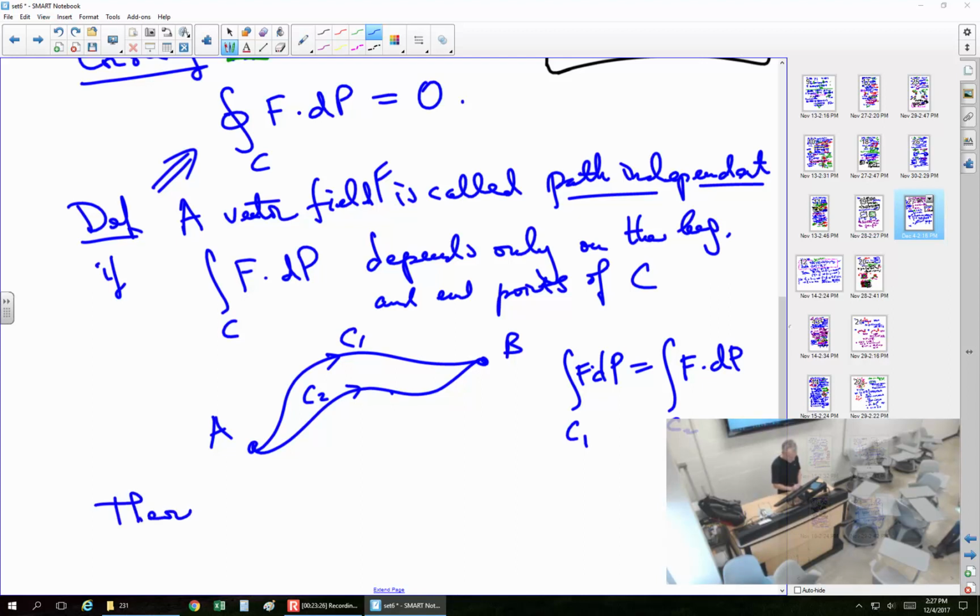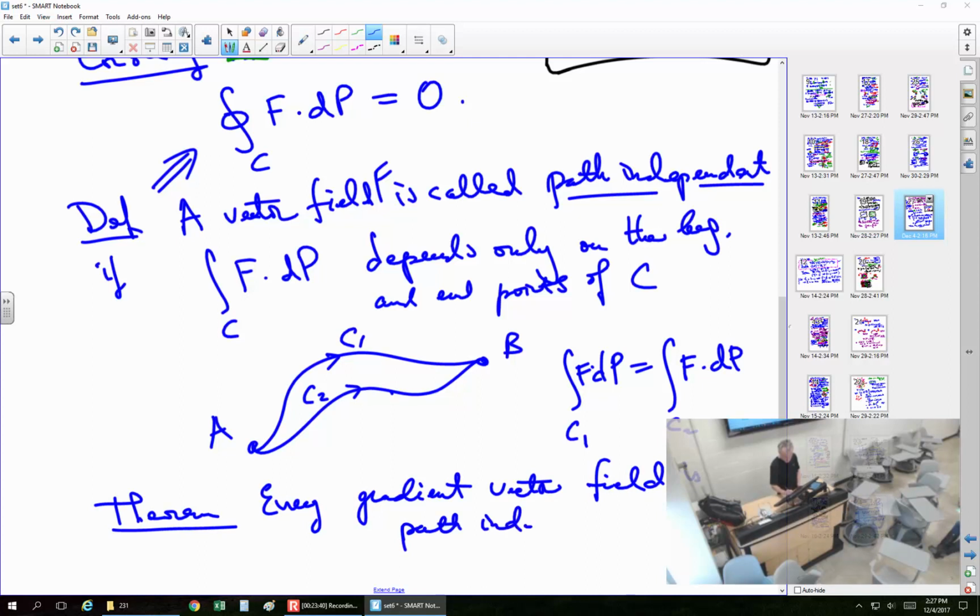The conclusion of the last theorem is every gradient vector field is path independent. The question that arises then: what about the converse? So that's what we're going to be thinking about.